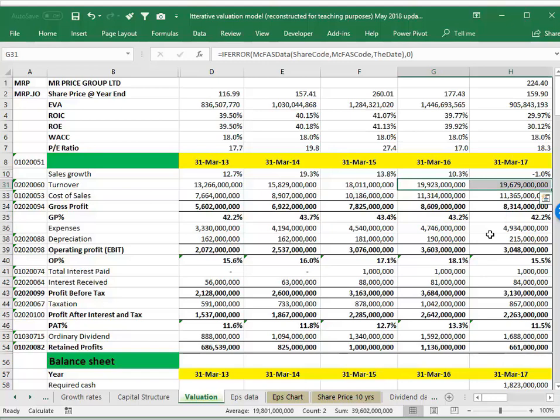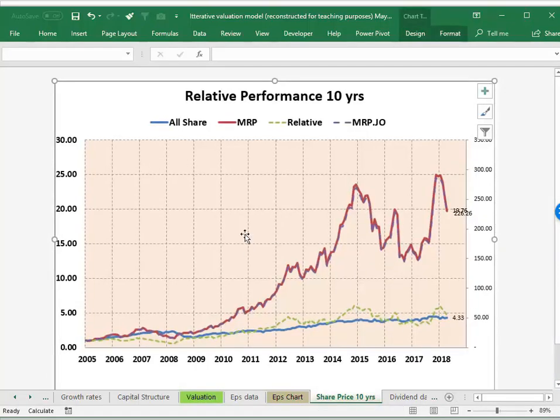So then we might ask, well, why is there a sudden increase in this share price from the end of 2017 to where we are now in 2018? And we could go and look at a share price chart here of Mr. Price and explore what's gone on.